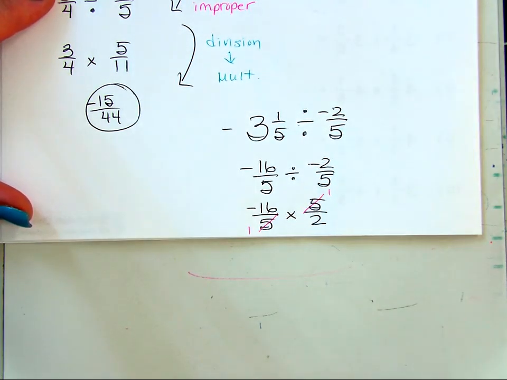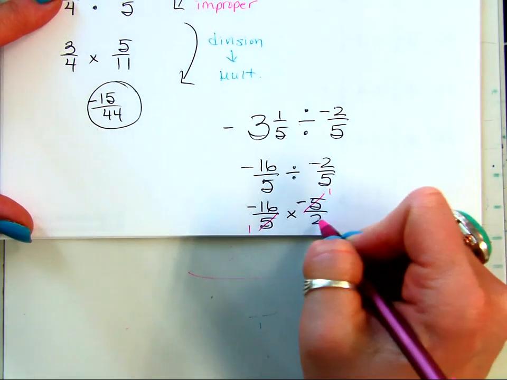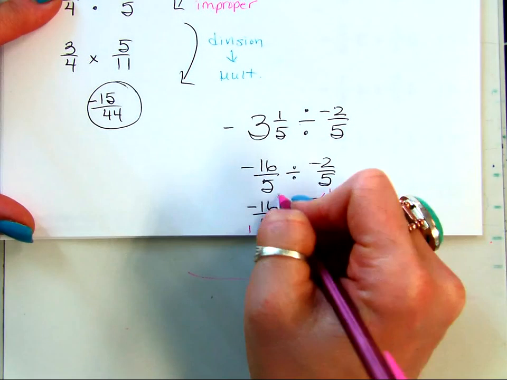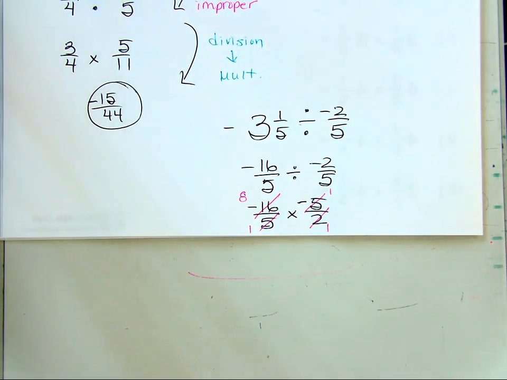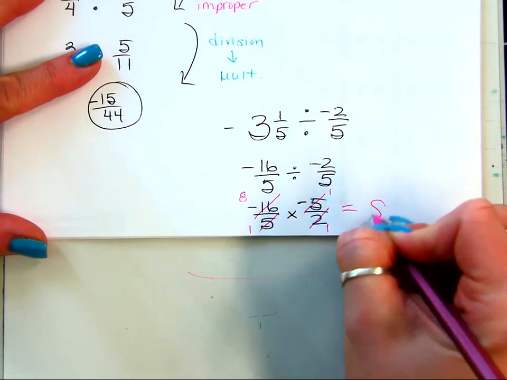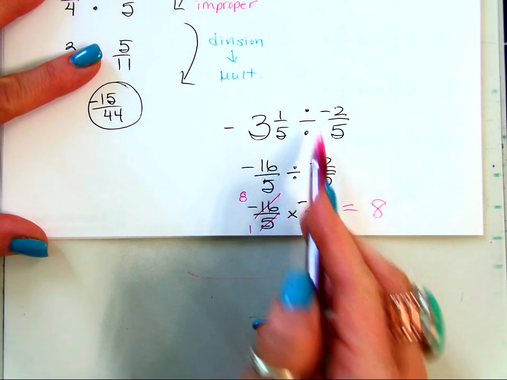And don't forget that that's also negative. I forgot that. 16 and 2. 2 goes into itself once. 16/8. After all that, what is my answer? 8. Just a positive 8. Right? Because a negative times a negative is positive.